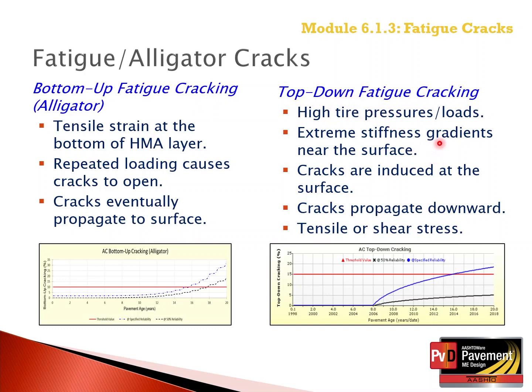Top-down fatigue cracks have a greater impact from the stiffness gradients near the surface because of the temperature gradients near the surface.